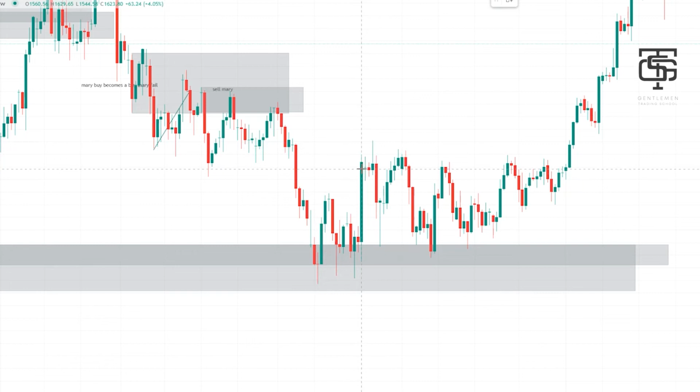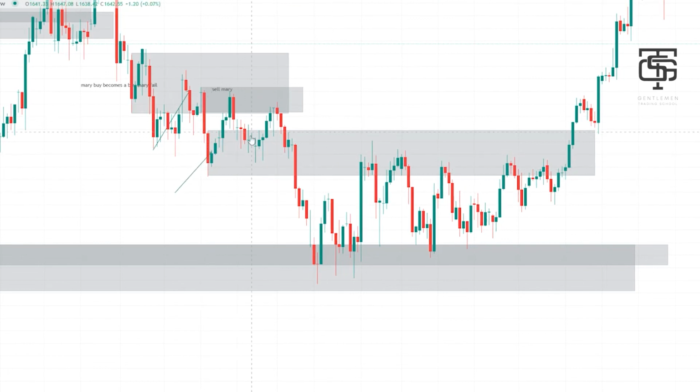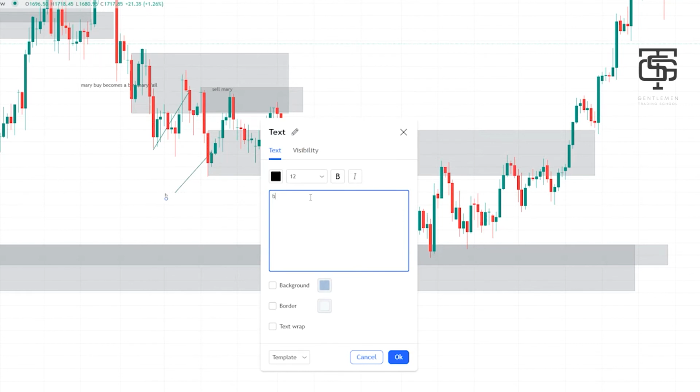Next, since you guys are clearer, I will definitely go at a faster pace in looking at setups for Fail Marry together with a Marry Buy or a Marry Sell. Let's go to the next one. This is our Buy Marry that failed, so we're just gonna make it a zone like this. And remember, we have this as our initial Buy Marry, but we're gonna call it Buy Marry Fail.